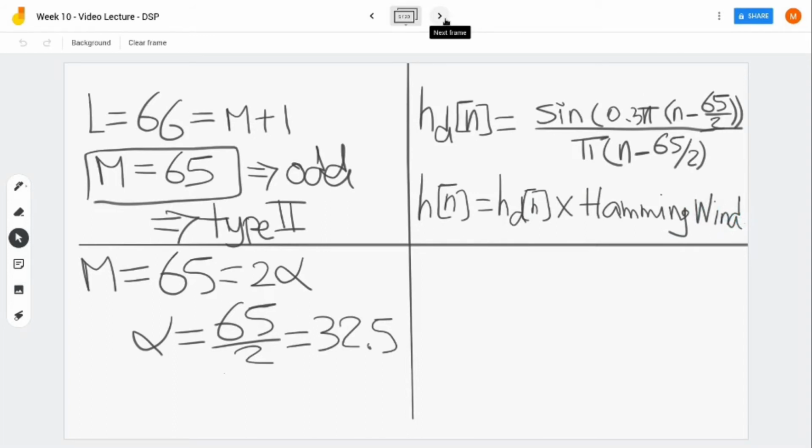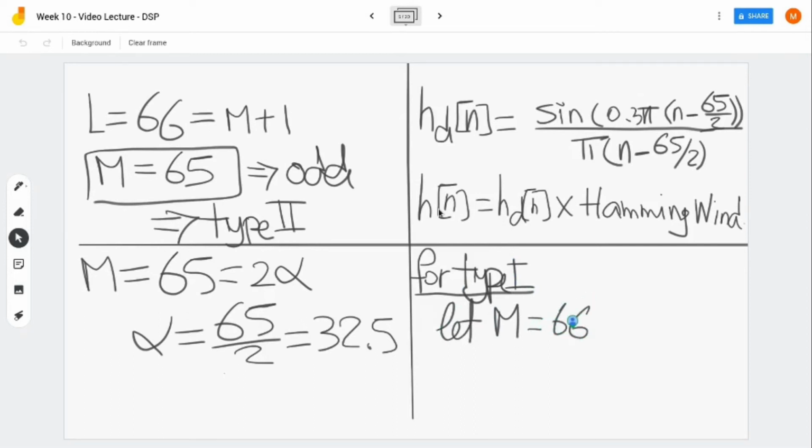So on MATLAB, you can have this equation, you can have a Hamming window, and then you can get the impulse response, you can get the frequency response, and so on. But if the requirement was to have a type 1, if the question was asking for a type 1 filter, in this case we need to change M. So we will let M be 65 plus 1, we'll make it 66.